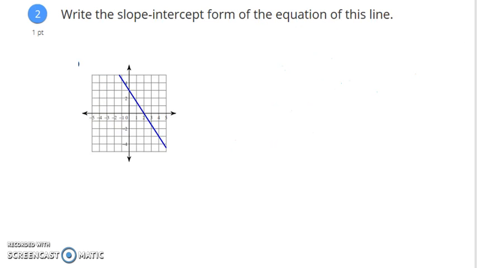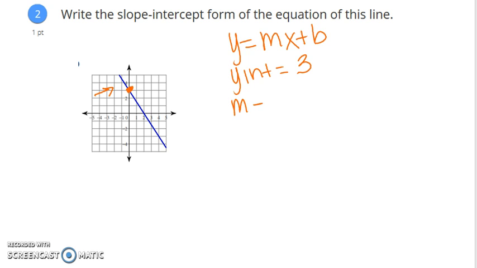Moving on to number 2, write the slope-intercept form of the equation of this line. So again, we're looking for y equals mx plus b, where that b value is my y-intercept. Your y-intercept is where that graph crosses the y-axis, and that's at 3 right there. Your slope is always calculated as rise over run.